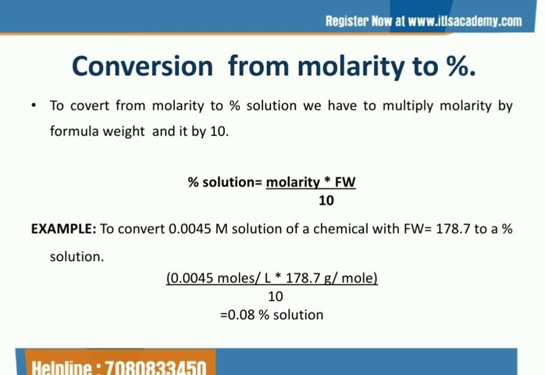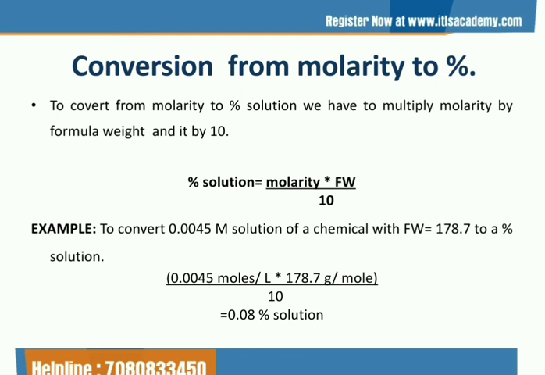Conversion from molarity to percent. To convert from molarity to a percent solution, we have to multiply molarity by formula weight and divide it by 10. Percent solution we will find by molarity into formula weight divided by 10. Let's see one example.